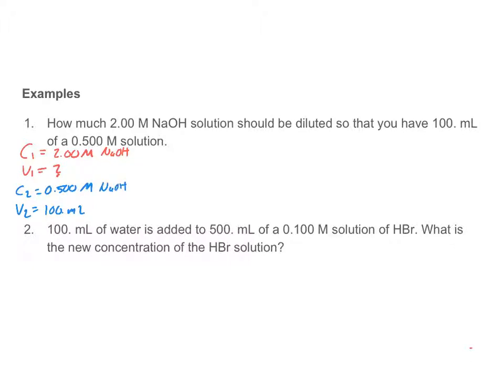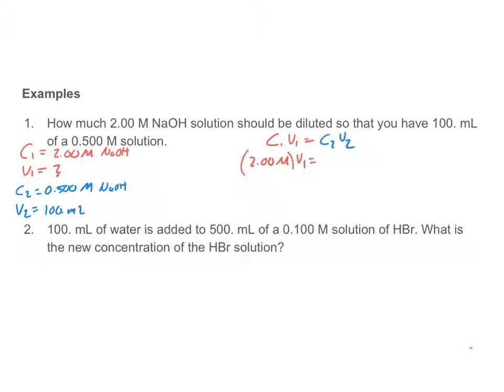So in this case, I'm going to use the formula C1V1 equals C2V2. I know the original concentration is 2.00 molar. I'm trying to decide how much of that I should use.